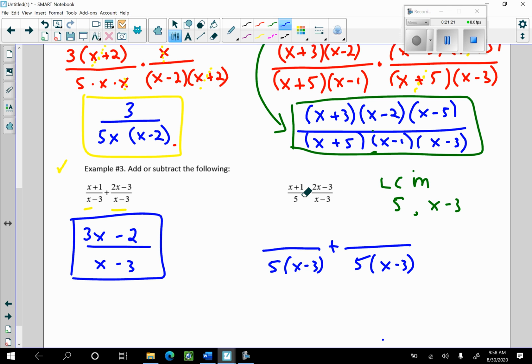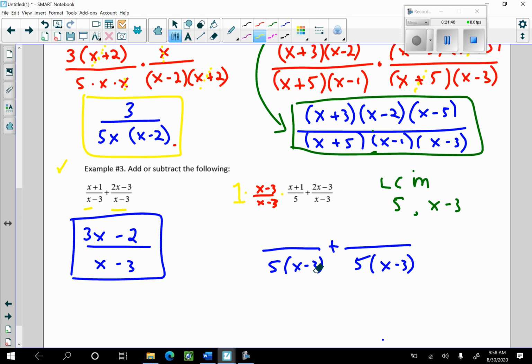So how do I make 5 times x minus 3 out of x minus 3? I'm going to have to multiply the top and bottom of this guy by 5. Wait, how do I get to 5? I'm going to multiply the top and bottom of this guy by x minus 3, because this is my 1, x minus 3 over x minus 3. And so I'm going to multiply x plus 1 over 5.